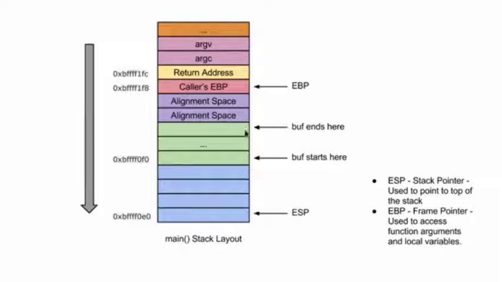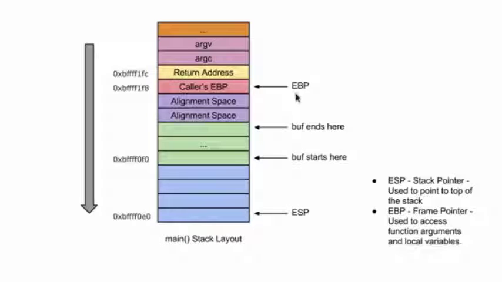This buffer right here is what we're going to be exploiting. And then way at the bottom, we have the value ESP, which is the stack pointer, which is made to point to the quote-unquote top of the stack, which is actually the lower memory address. So we have the top address and we have the bottom address.